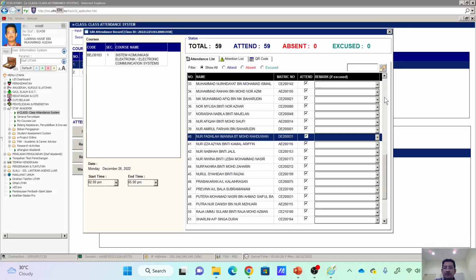Doktor, saya nak tanya pasal projek. Okay, silakan. Maksudnya kena buat dalam software satu, hardware satu ke? Projek tu kena buat dalam hardware juga ke? Oh ya, kena buat hardware lah. That means you kena ada transmitter dengan receiver.